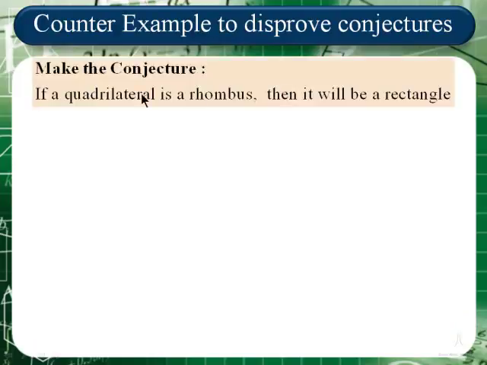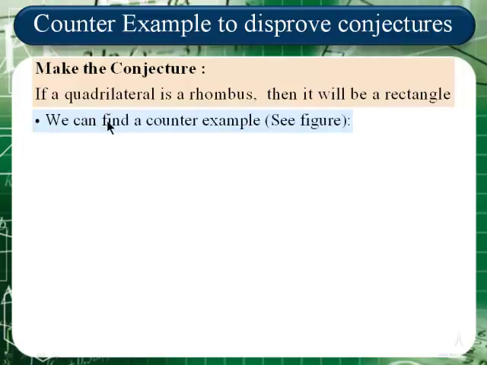We can use the counterexample method to disprove conjectures. We can make certain conjectures, like for instance this one: if a quadrilateral is a rhombus, then it will be a rectangle. We can find in this case a counterexample. Now here is an example of a rhombus. The question is, will it be a rectangle?